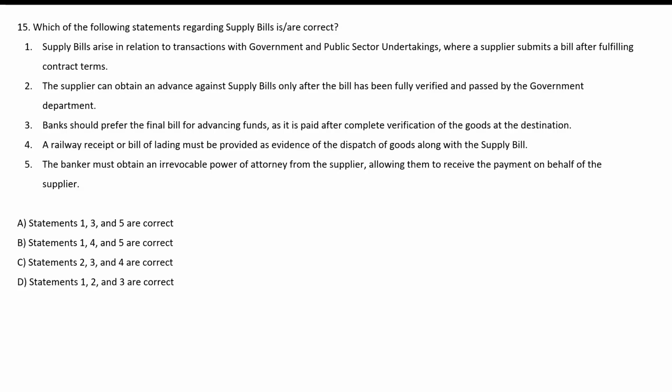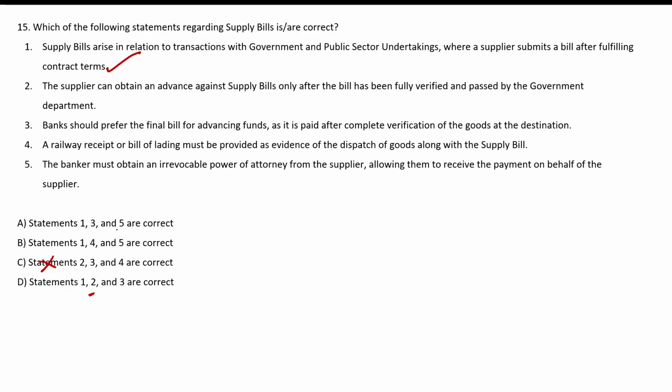Which of the following statements regarding supply bill is or are correct? Supply bills arise in relation to transactions with government and public sector undertakings where a supplier submits a bill after fulfilling contract terms. This is correct. So option C gets eliminated. Statement 2 is there.